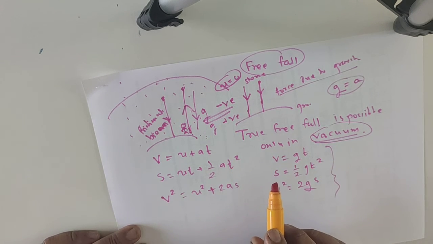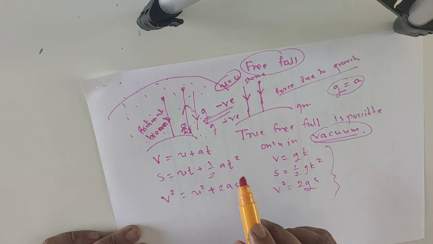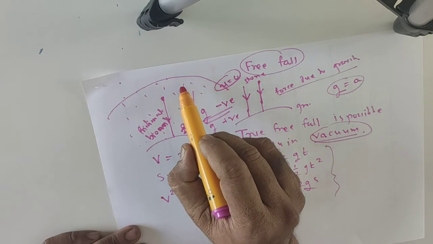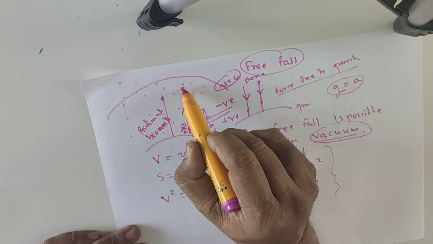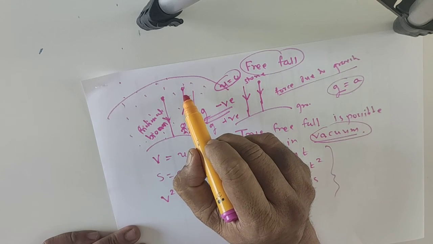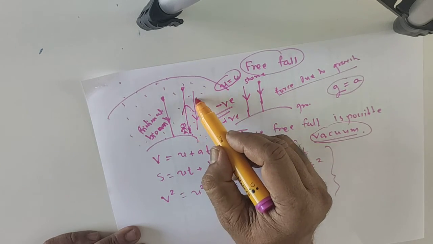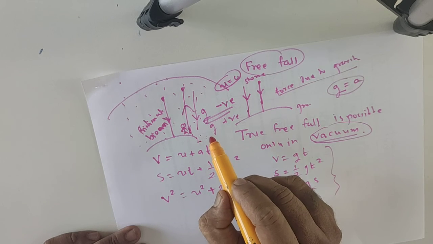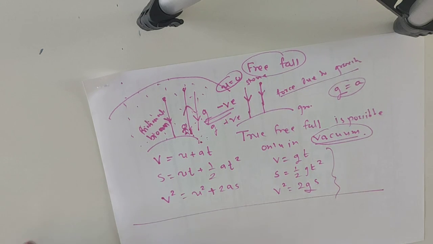The magnitude of g is the same, but the velocity of the object decreases because of this negative acceleration. As we go upwards, the velocity goes on decreasing. Therefore, this is negative acceleration. And the velocity goes on increasing coming down. Therefore, this is positive acceleration. These are also sign conventions which are used to calculate problems. Okay. Let us see the next part next time.